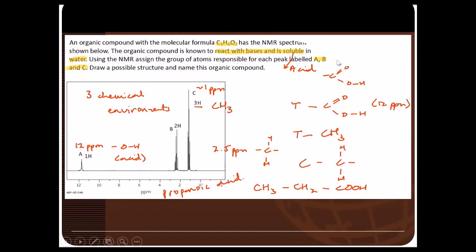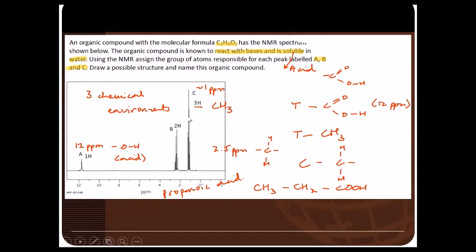So there we go, C double bond O, OH. And that usually is always going to be a terminal group at the end of the molecule. Then we have the 2 other groups here, the 2 other peaks. We do have a CH2, and then we also have a CH3.